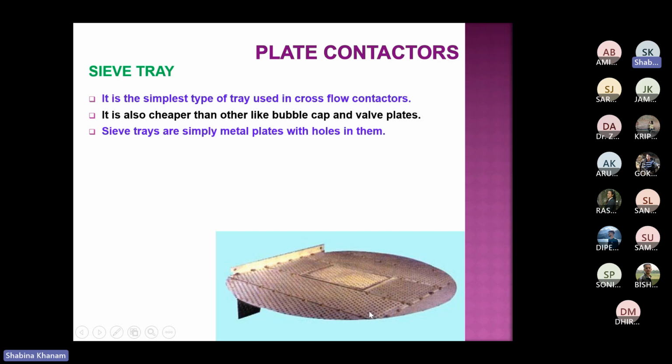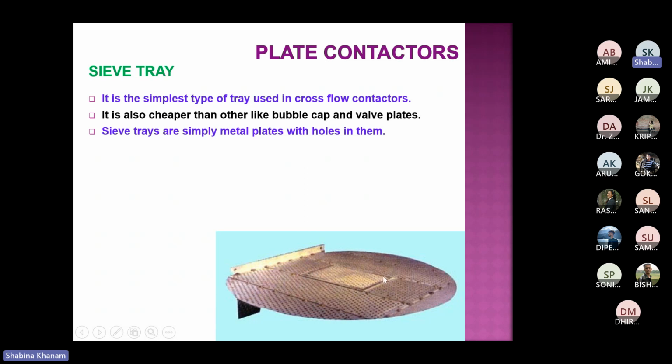It is not visible clearly over here, but some section we usually leave. And this is the weir, and the bottom part of this black section is called the downcomer apron. So this section is the downcomer, and here the liquid comes from the above plate and moves over here.